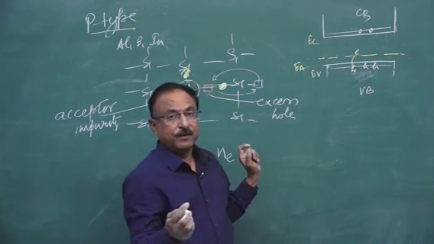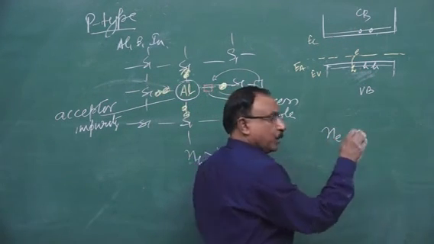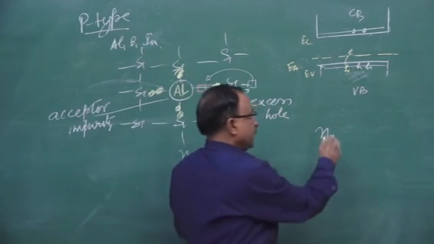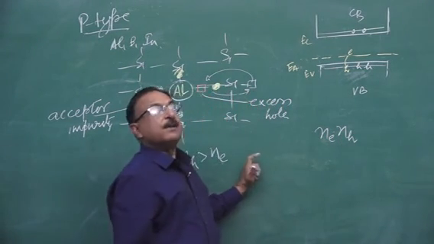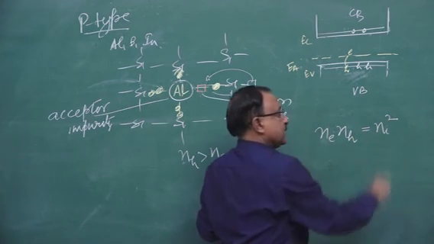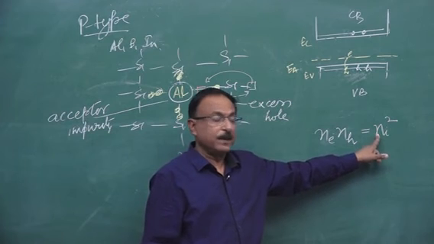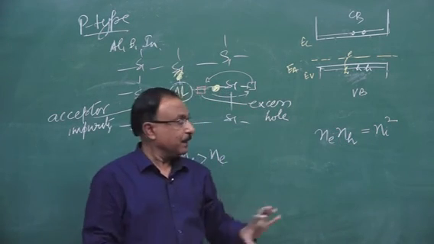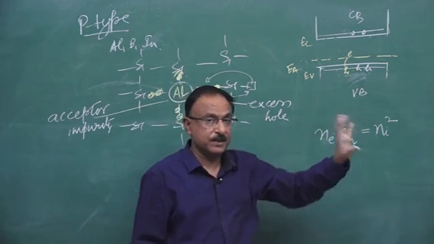Either n-type or p-type, the electron density and hole density will change in such a way that their product will always remain constant and equal to ni squared, where ni is the intrinsic charge density. So in p-type or n-type, the product of the electron density and the hole density is always constant.